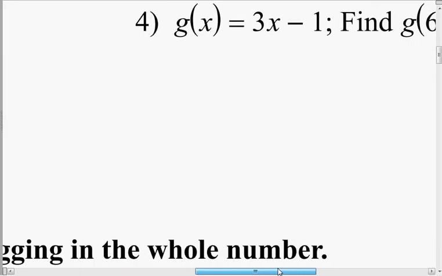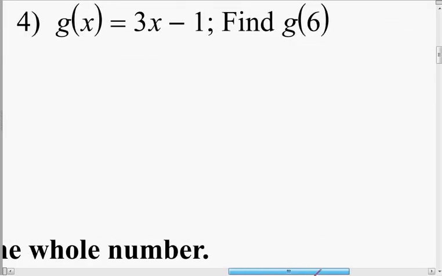Okay. If you're ready to move on though, try problem number 4. I will pause the video, give you a chance to work on that, and then I will give you the answer. Okay, now that you have worked on problem number 4, we want g of 6. g of x equals 3x minus 1.